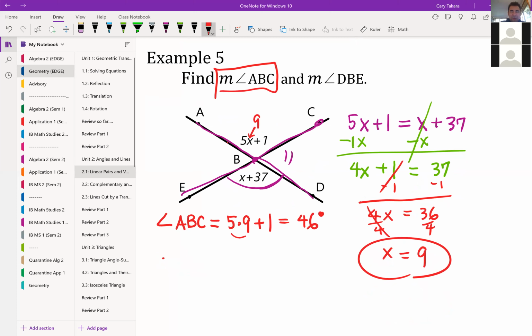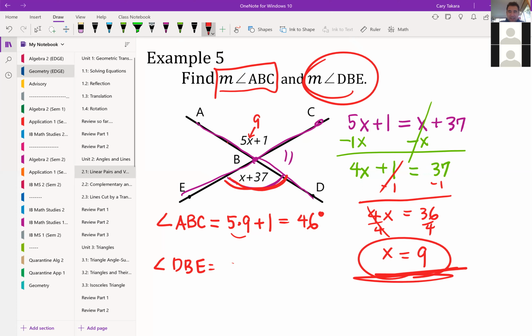And then there's another question, angle DBE, which is this angle. It's going to be x plus 37. Well, what is x? X is 9.